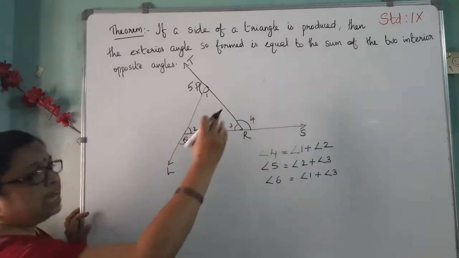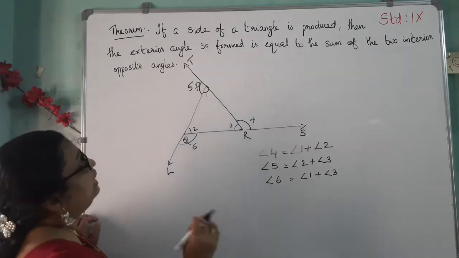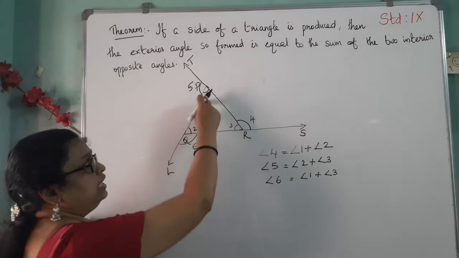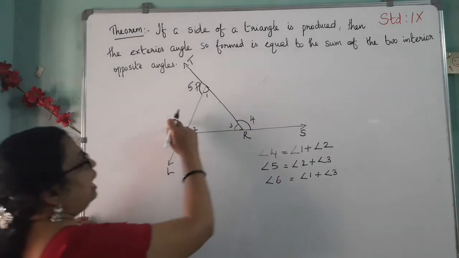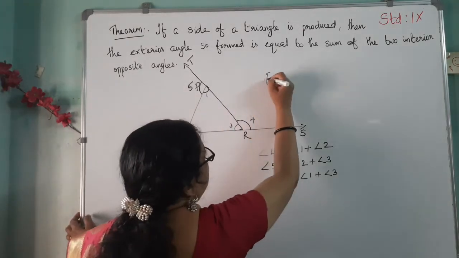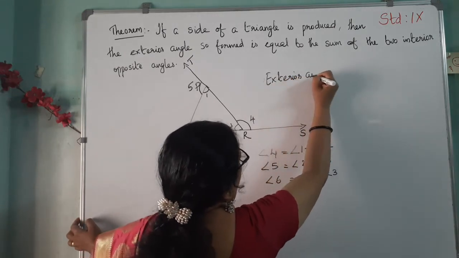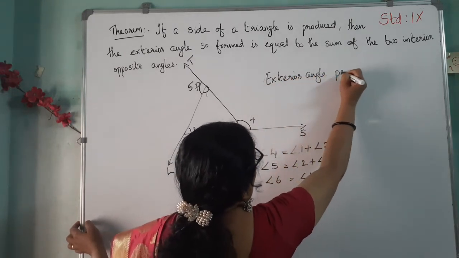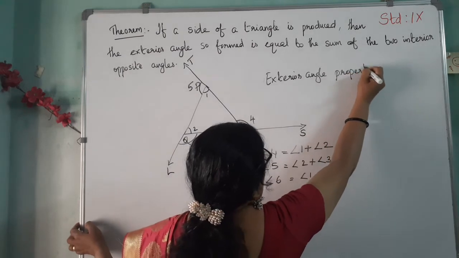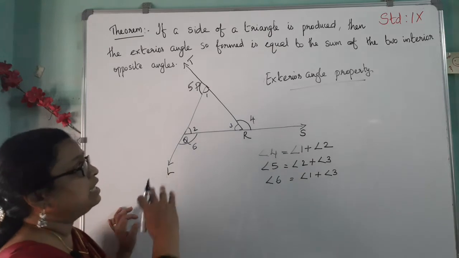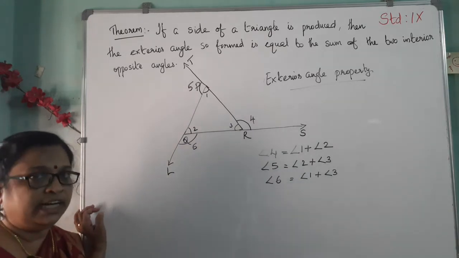That is, if a side of a triangle is produced, then the exterior angle so formed is equal to the sum of the interior opposite angles, and this theorem is called exterior angle property.